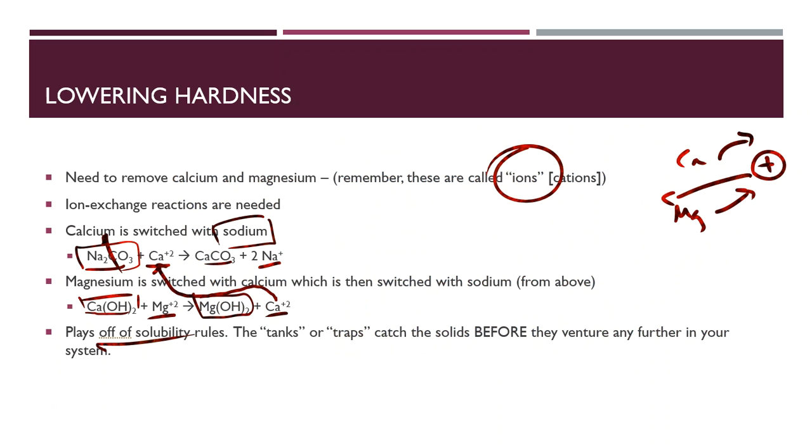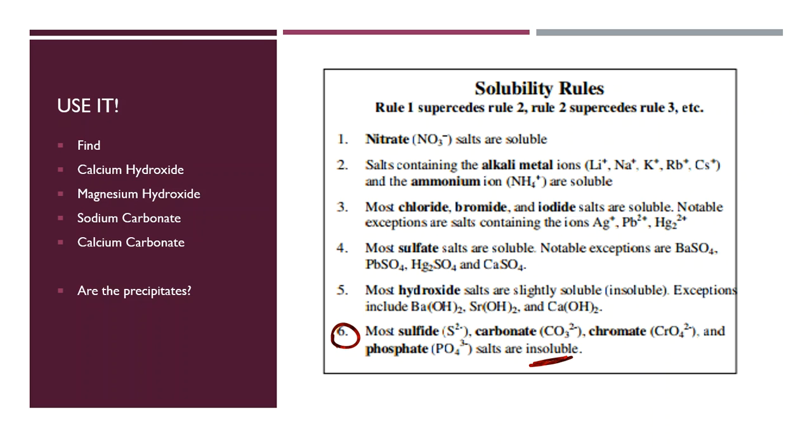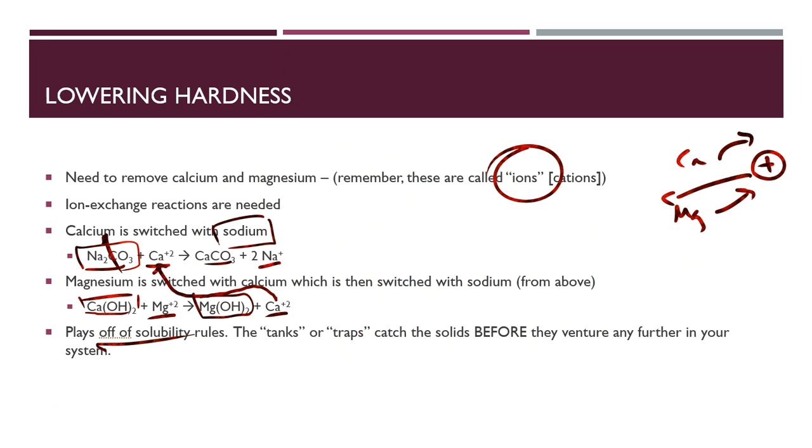And then I go through and look at calcium hydroxide, making magnesium hydroxide. All right, so calcium hydroxide: most hydroxides are slightly soluble (insoluble pretty much), except for barium, strontium, and calcium. So here we introduce calcium hydroxide, which is a solid. Then magnesium takes its place.